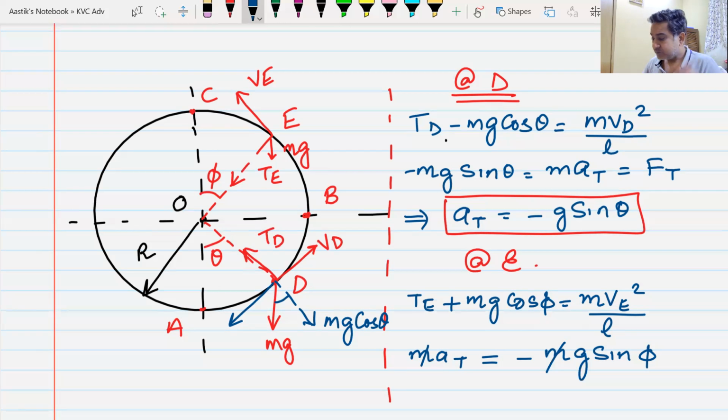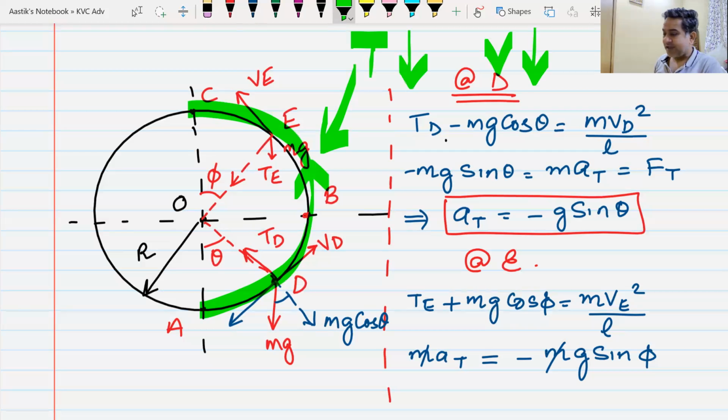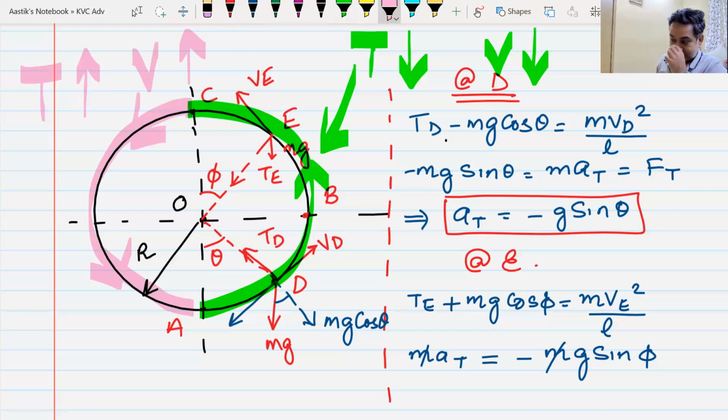Basically, what you have to understand is when you are going from A to C in the green path, does tension increase or decrease? Decreases, sir. Tension decreases, speed decreases. Do we understand this? But when we are coming from C to A, tension increases and velocity also increases.